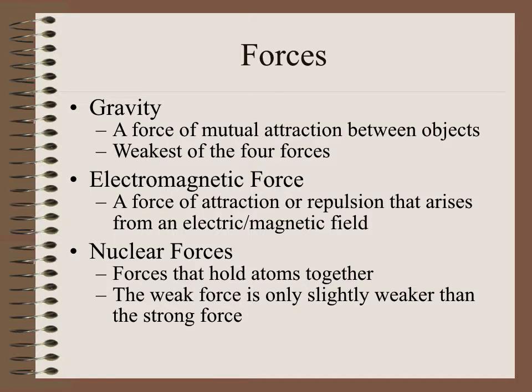Lastly, we have our strong and weak nuclear forces. We're going to combine them together under one category and just call them nuclear forces. These are the forces that hold atoms together. The weak force, even though it says weak, is not very weak. It's only weaker than the strong force. They named them this way in order to tell the difference between the 2. But the weak force is actually stronger than both the electromagnetic force and gravity.